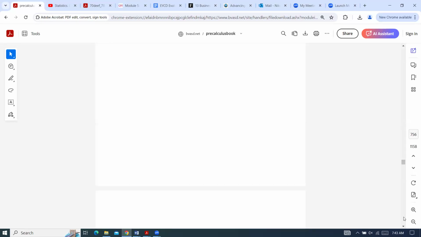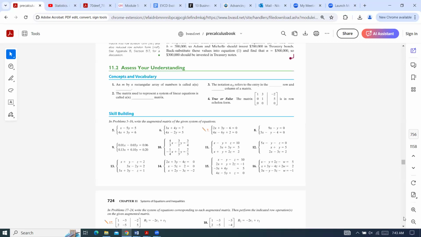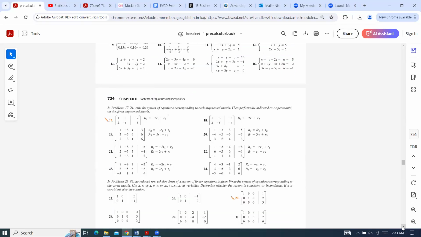So I'm going to work out another exercise, but now from this section 2 of chapter 11. So why don't I try to work out one of these systems just a standard way, the way we already know how to work out those exercises.